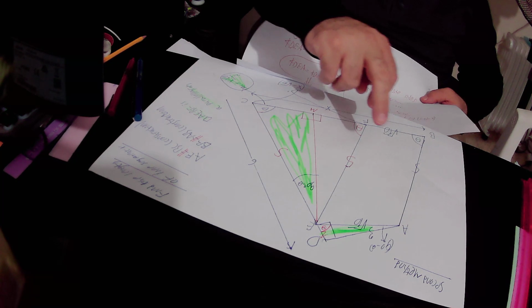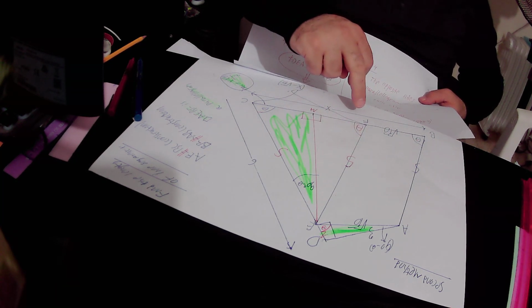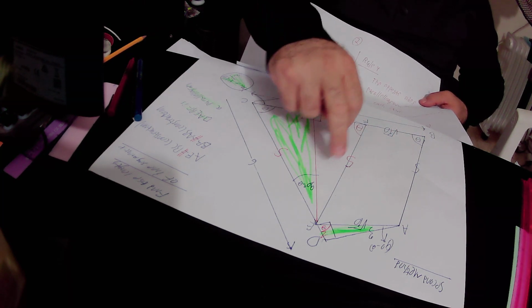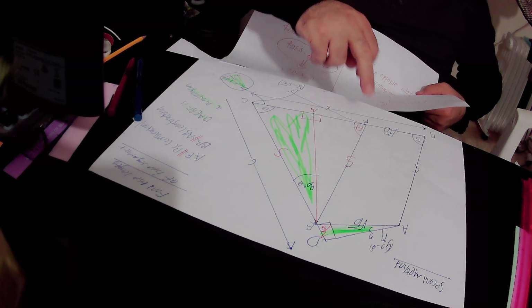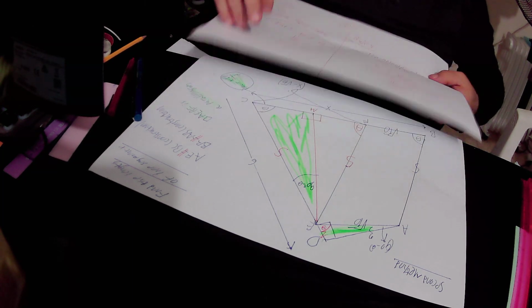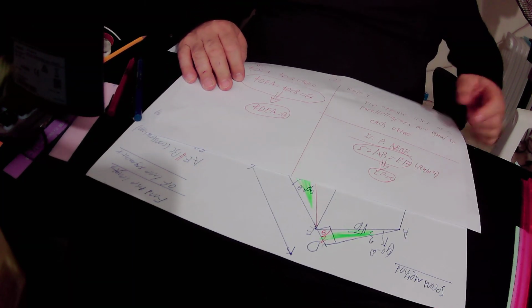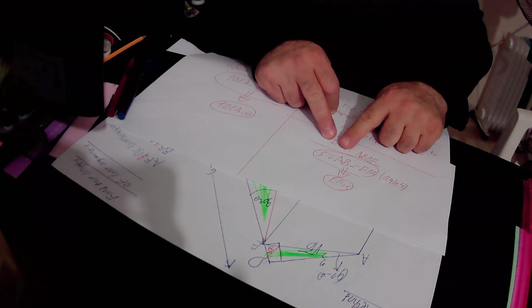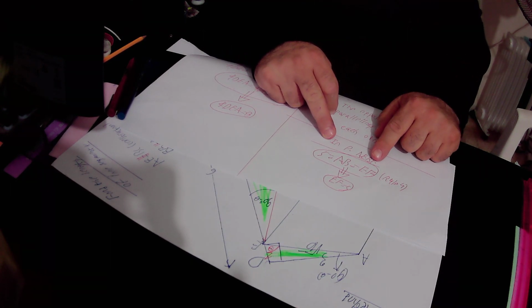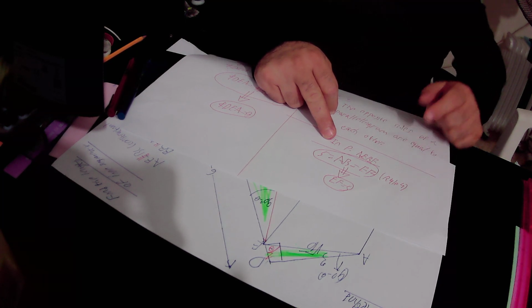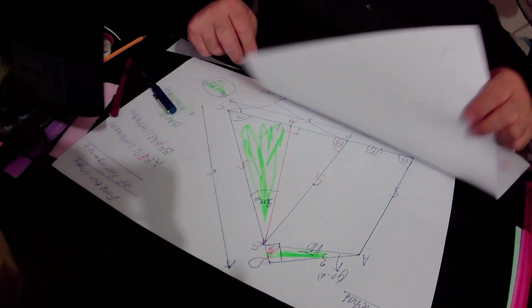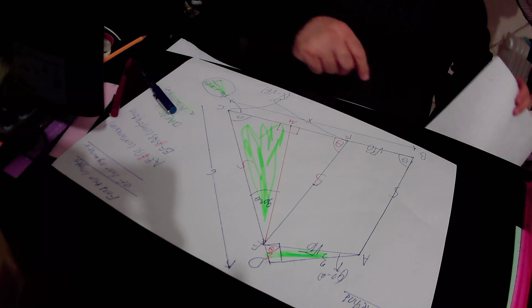That is to say, AB equals EF. But it is given that AB equals 5. So from this equation, 5 equals AB equals EF, we will derive that EF is also equal to 5.